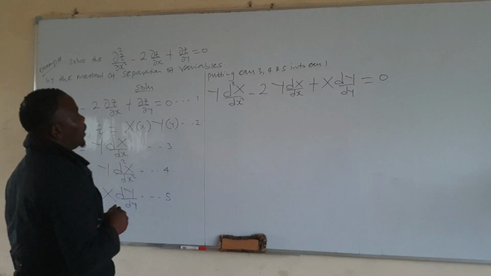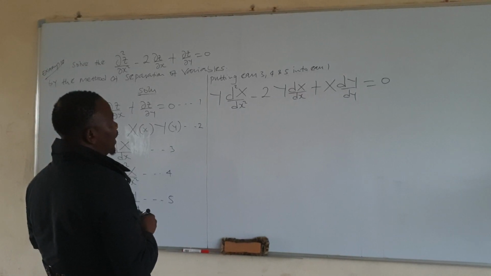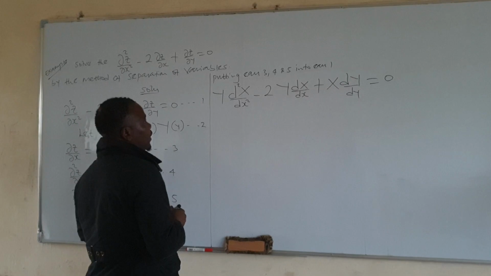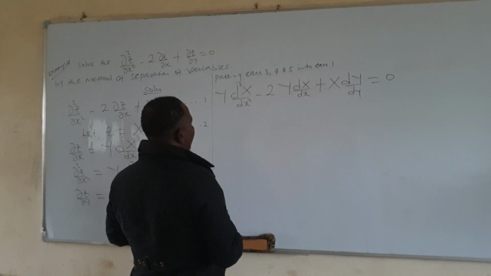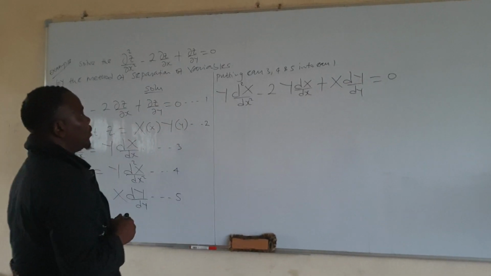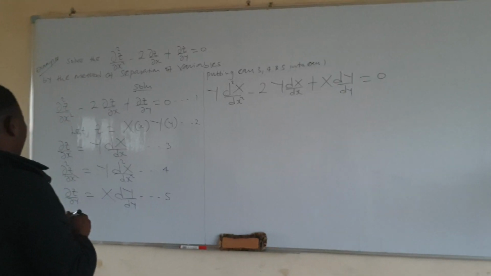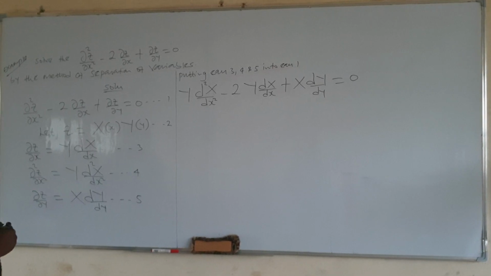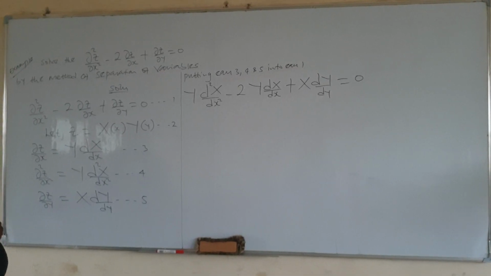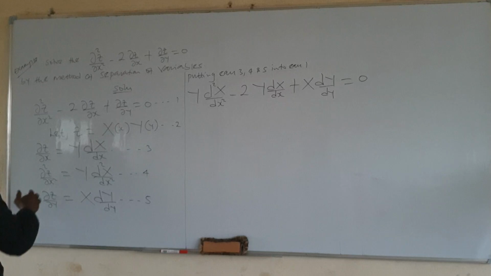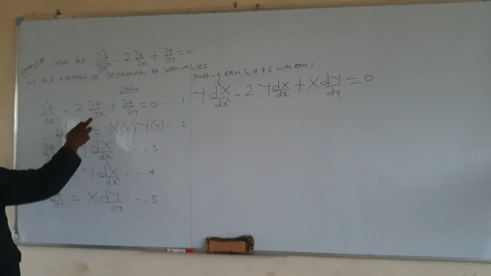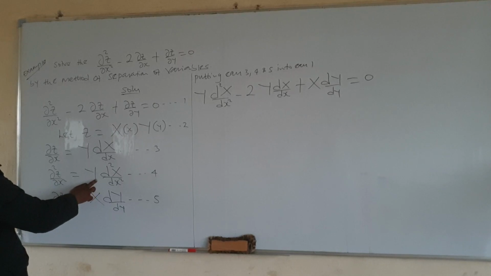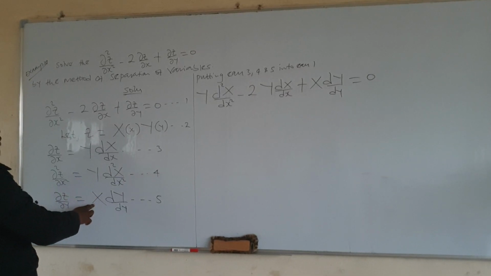So if you agree with me, at this point we are going to divide through by XY. Yes, this one gives us this, this one gives us this, and this one gives us this.